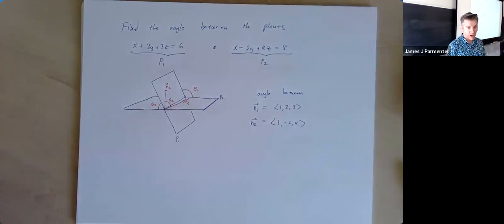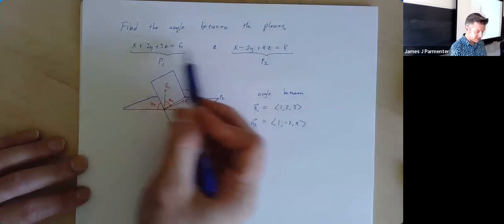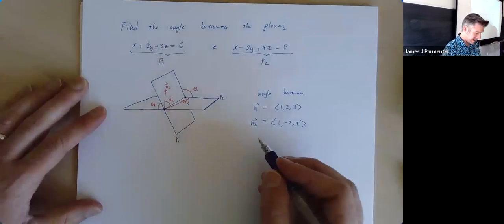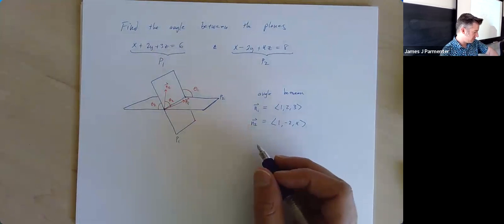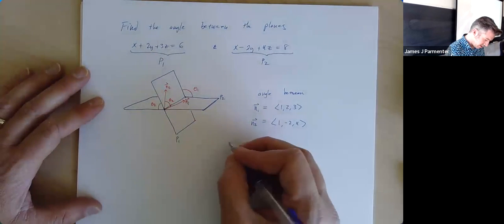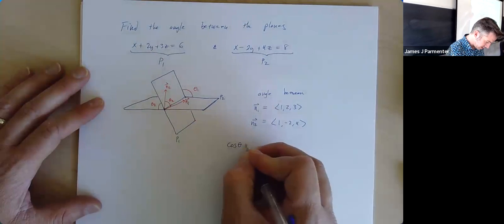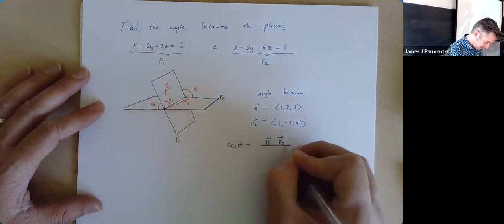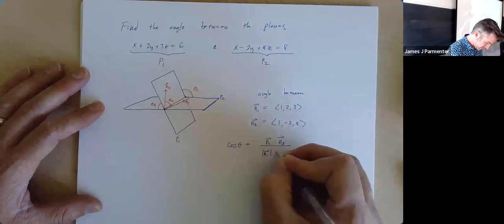Again, those normal vectors just pop right out because they're just the coefficients of x, y, and z in the planes. So in the angle between 2 vectors, I know it's been a little while since we've done it, but the cosine of the angle is equal to the dot product of your vectors divided by the magnitude of those vectors.